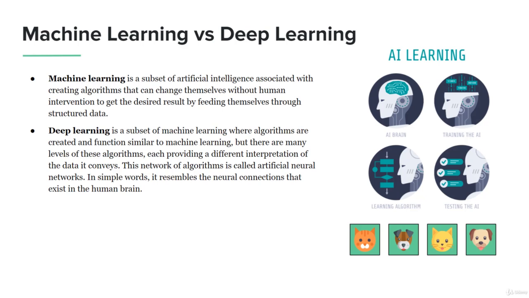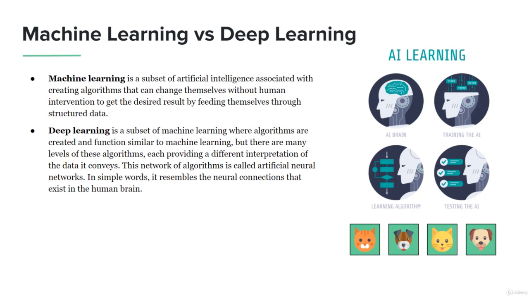So in simple words, it resembles the neural connections that exist in the human brain. So just think about how the neural connection functions inside of our brain. Essentially, what's going on here is we're creating different neural networks that are acting like the neural connections we have in our brain to solve various problems, to have certain inputs, certain outputs.